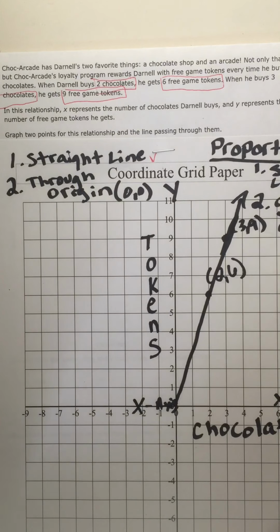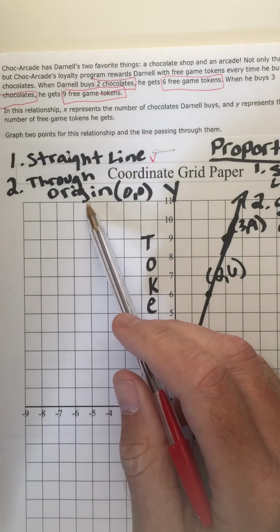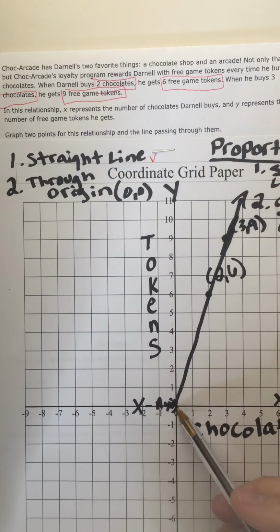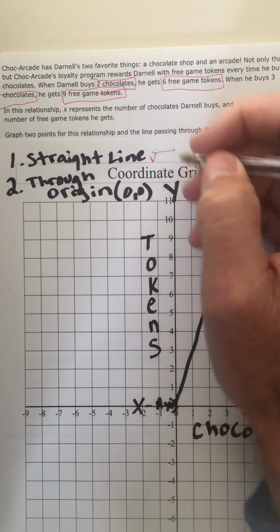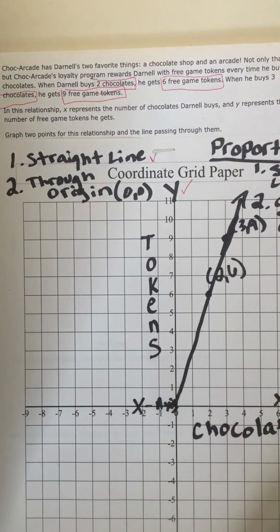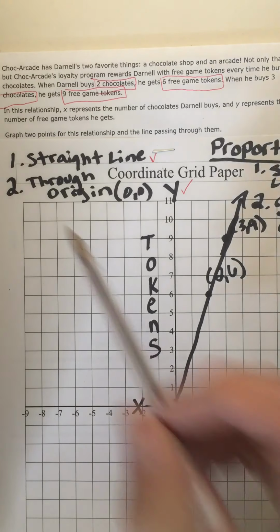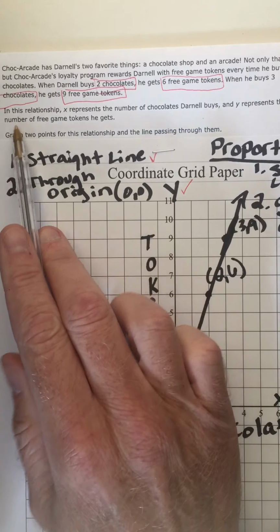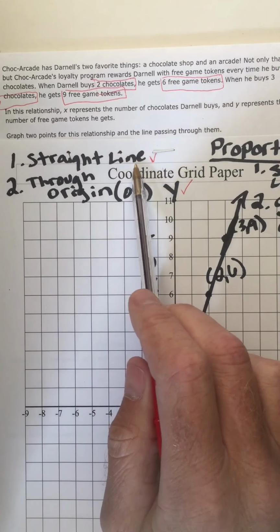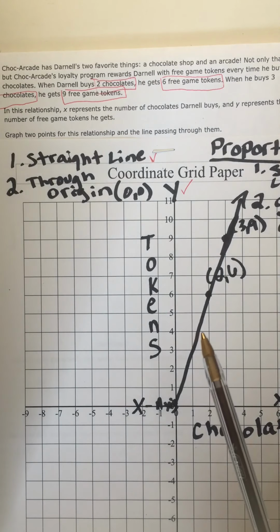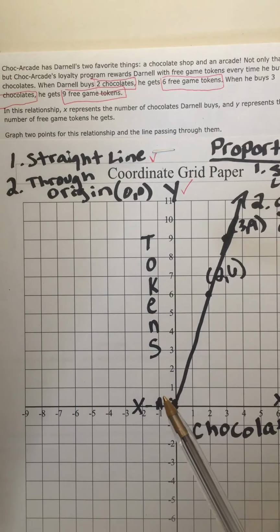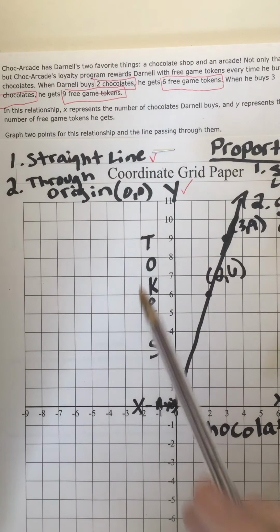It is definitely a straight line. Can that straight line pass through the origin, which is 0, 0? It gets a little messy down here, but that's definitely the origin. So I check that, and then let's look at the question again. Because we know it's a straight line, we know it passes through the origin, so this has to be a proportional relationship.